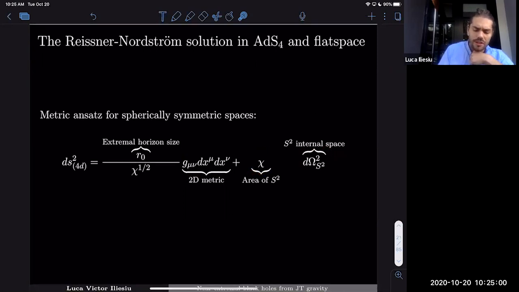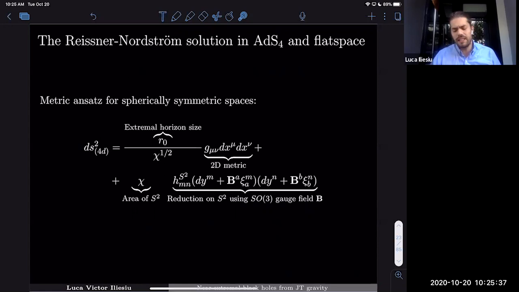I put this factor of chi to the power 1/2 in front of the 2D metric, which can be anything here, in order to get rid of the kinetic term that would be generated by chi. Chi has dimensions of length squared because it's an area, so to have something dimensionless, I rescale chi by R0, which will serve as the extremal horizon size.